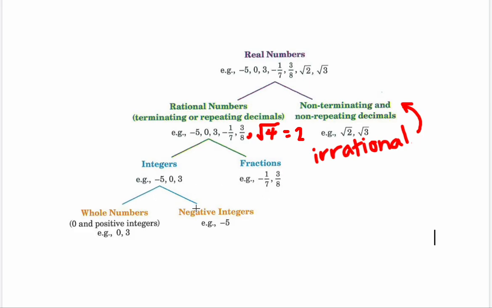And then with our integers, they're either positive and 0, or they're on the left side of the number line, they're negatives. Okay? So you're going to want to put this into your notebook just so you can have the vocabulary available when we're talking about real numbers versus rational, irrational, integers, fractions. And then I would be sure to also jot down these examples too, so that you have examples of numbers that fit each type of vocabulary word.